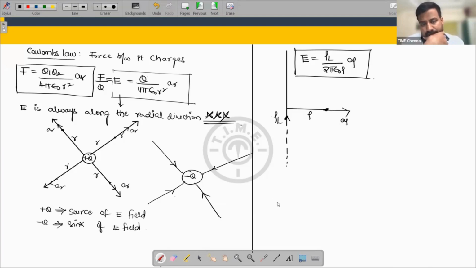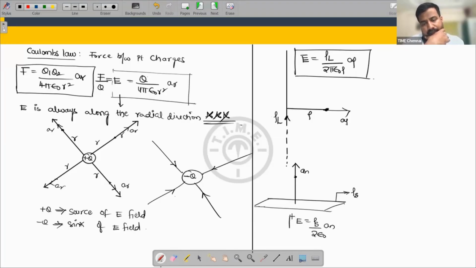Similarly, if I consider a sheet of charge, carrying a uniform surface charge density rho s, electric field at any point will go along the normal direction, indicating that electric field is again radial in nature.